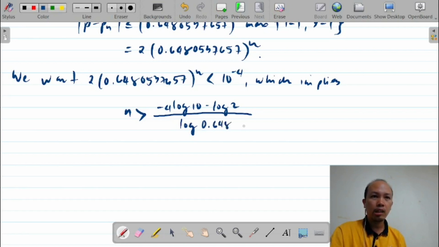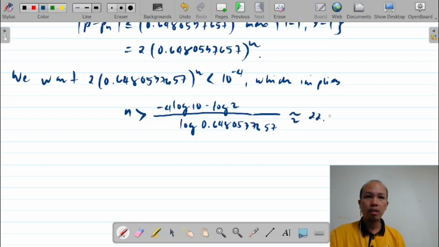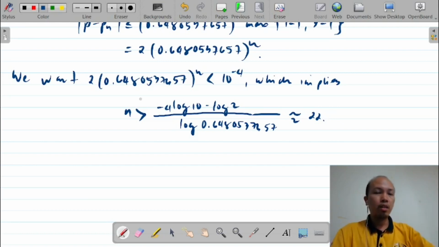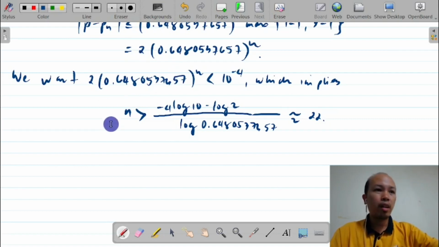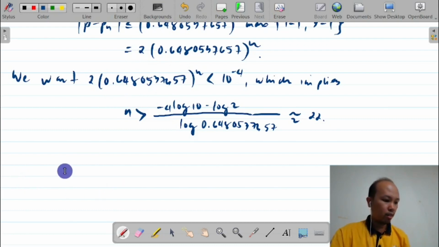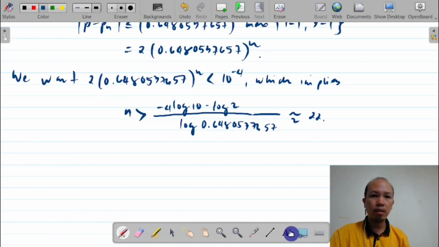0.648 05 376 57. Okay, which is approximately 22, no, that should be, if we go to our Firefox, negative 4 over, let's find the log first.